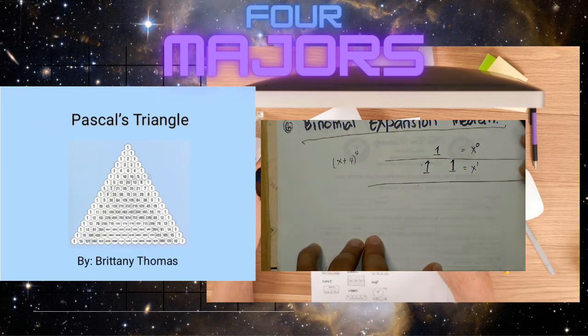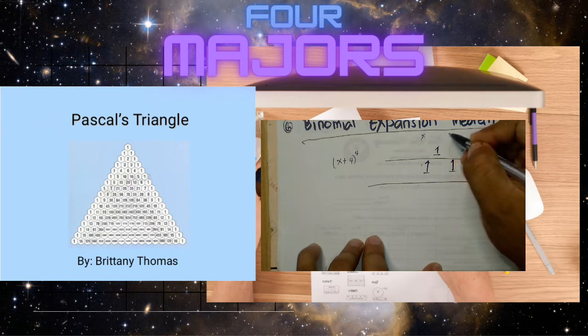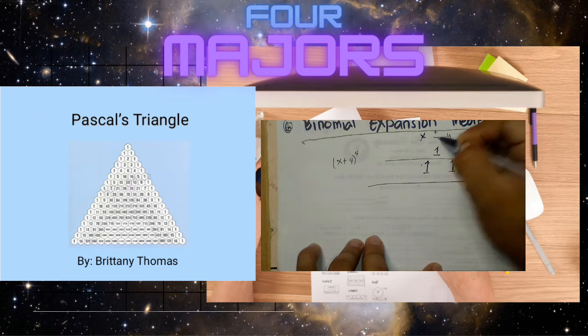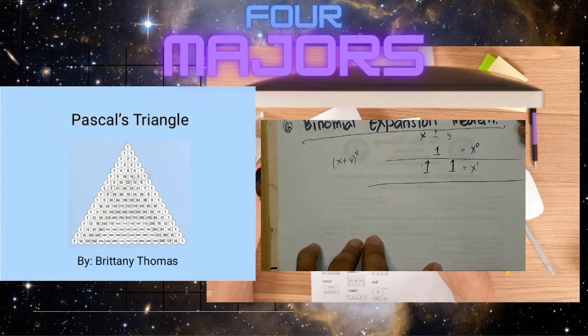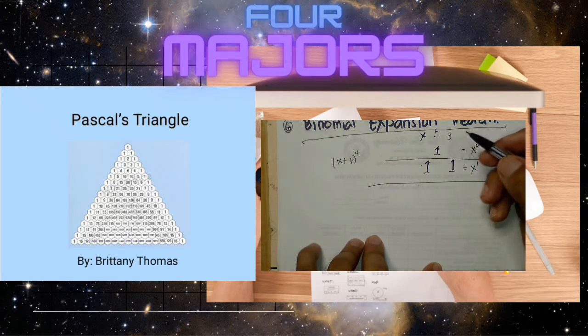If it is a binomial representing x and y, it can be x plus y or x minus y, and their coefficient will be 1. Like x plus y is equal to 3, there is no need to expand that.